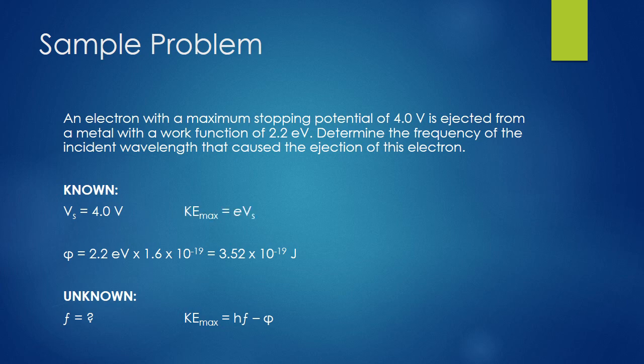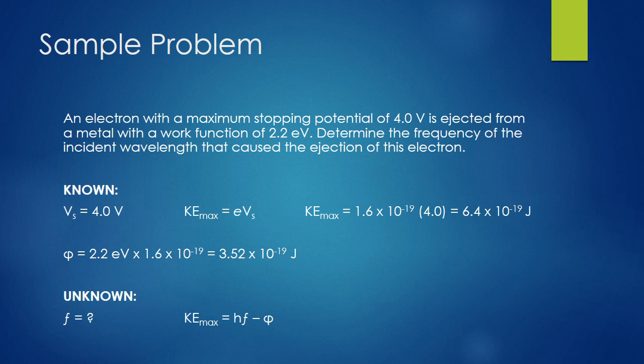So is there another way to solve for the maximum kinetic energy of that electron using the information that I have? Now, in fact, I think back and I remember, oh right, the way that scientists actually were able to figure out the maximum kinetic energy of that electron in the first place was by using a stopping potential. And so I go back, I use my equation, maximum kinetic energy equals E times my stopping potential, plug and chug, and I get that my maximum kinetic energy is in fact equal to 6.4 times 10 to the negative 19th joules.